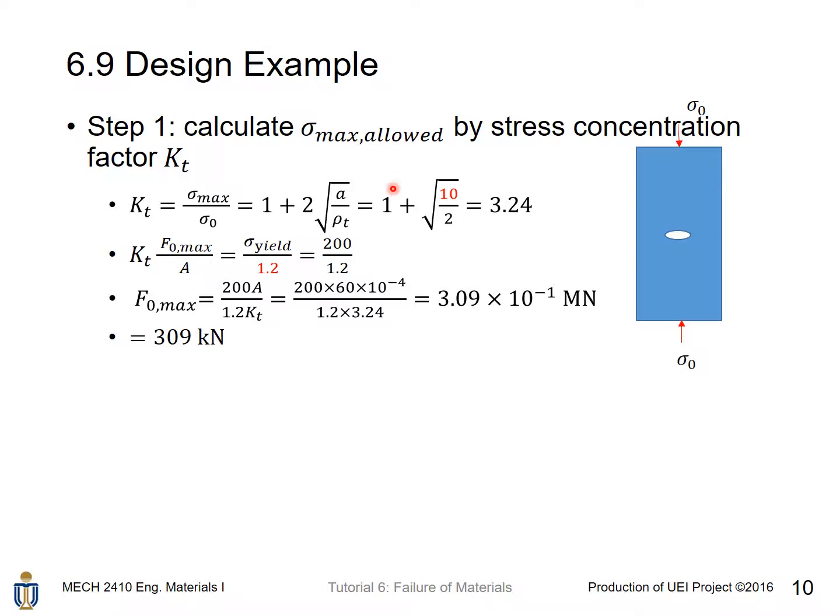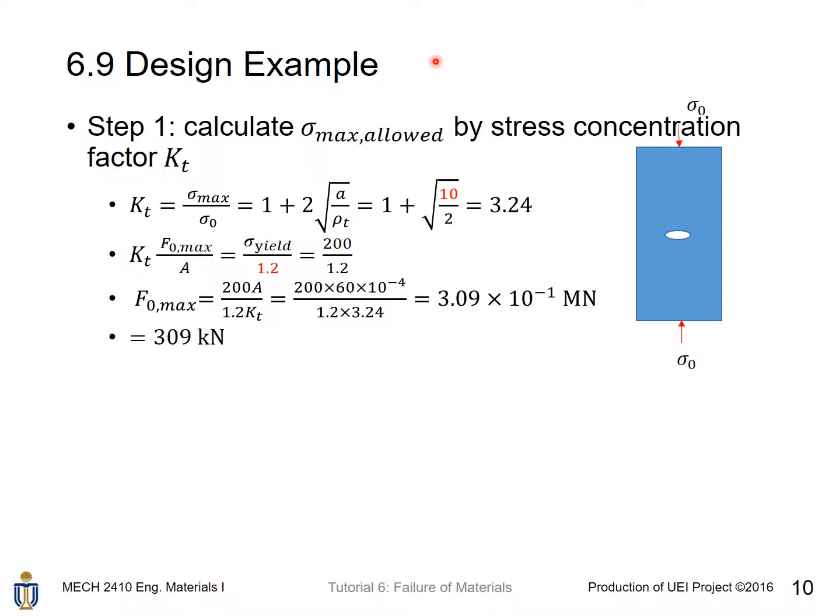Step 1. Calculate the maximum allowable applied stress by the stress concentration factor Kt. Kt, by definition, is the maximum stress which will appear in this bar over the applied stress, which is equal to this equation as shown in previous slides.